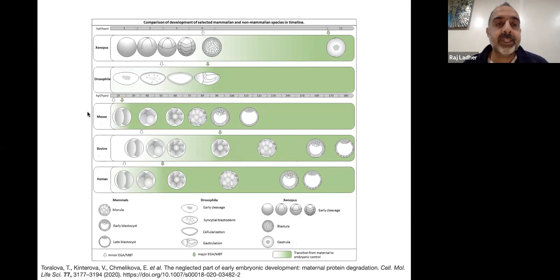And you can see here a comparison of timing as well. Xenopus divides very quickly after fertilization, and within 4 hours you have a very nice blastula. Mouse and human take a little bit longer, and we'll come back to the reasons why this could be.